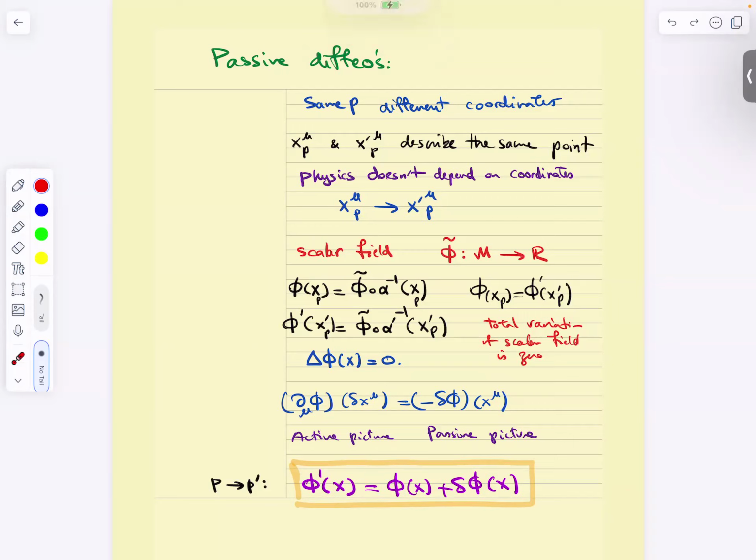How do I do that? As I change my coordinates from x to x prime, I also transform the field from phi to phi prime to make sure that nothing changes. So I must satisfy this property that phi of xp is phi prime of x prime of p, so that the total variation is 0, because nothing happened. It's all in my head.